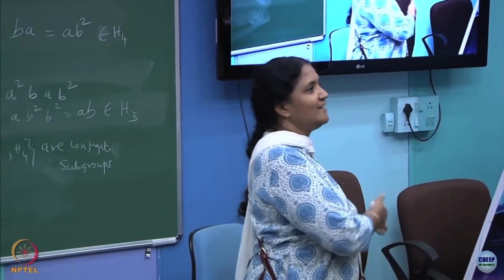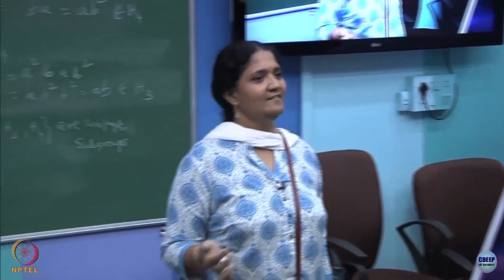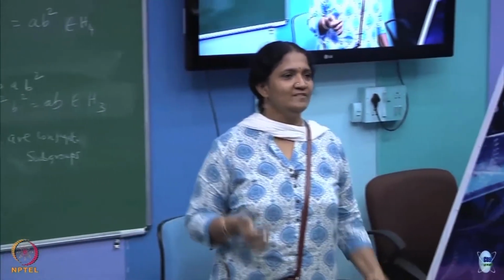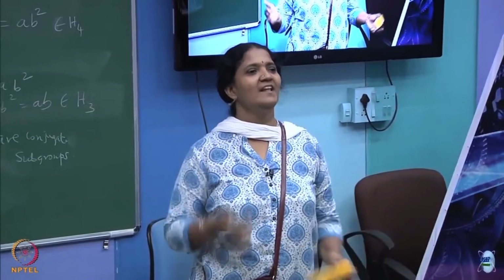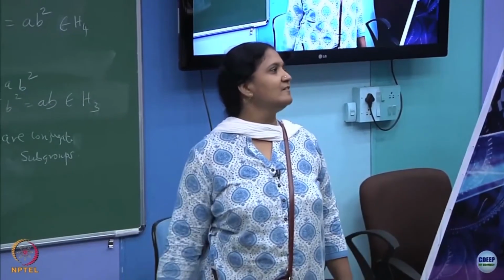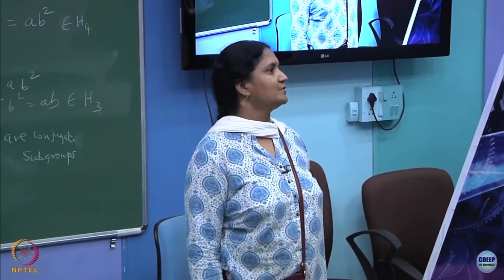I listed H1, H2, H3, H4; from H1 you can generate H3 and H4 by simply this similarity transformation which is called conjugation. We did the converse because it was an order 2 subgroup, it was easy. But in general you just take only the generator subgroups and generate the other conjugate groups by these conjugation operations.